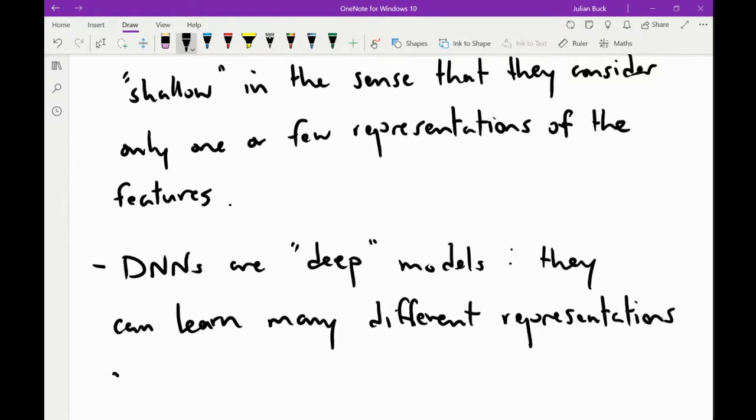Like with MNIST, as an example, the deep neural network can learn representations of the features in the sense that it can start to associate particular patterns of pixels with circles, with angles, and so on.